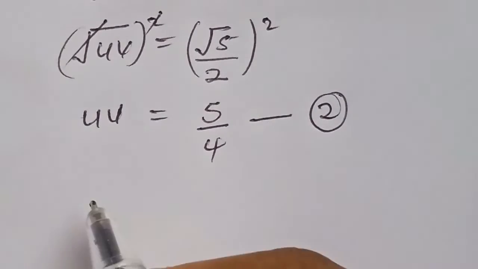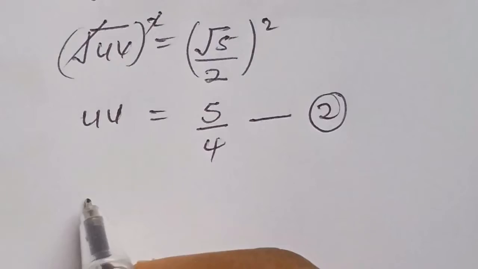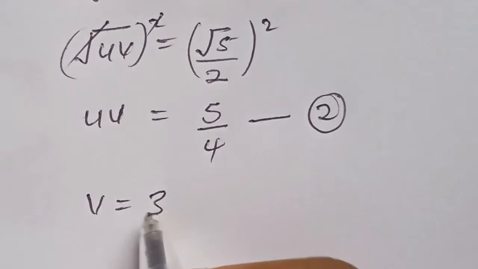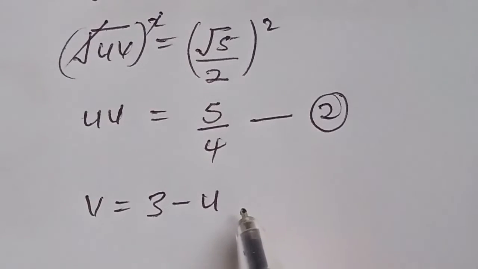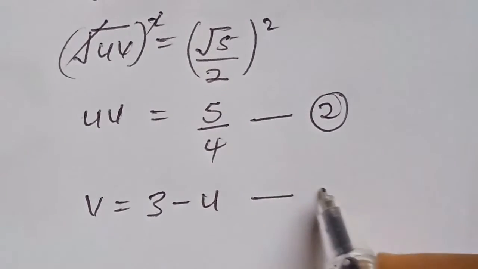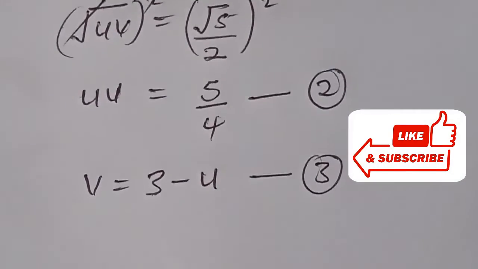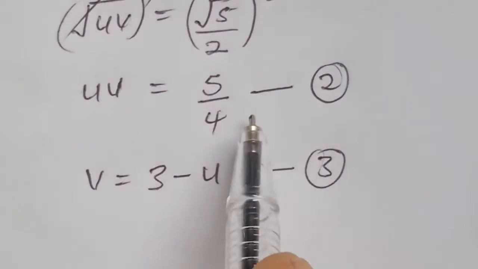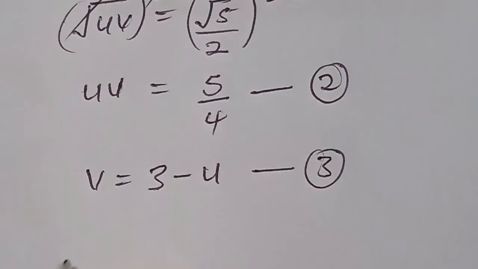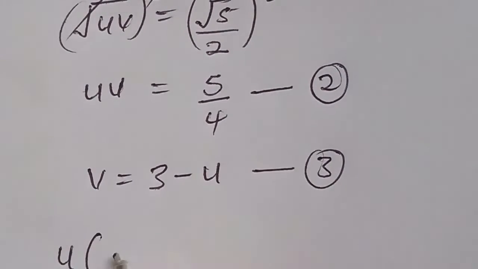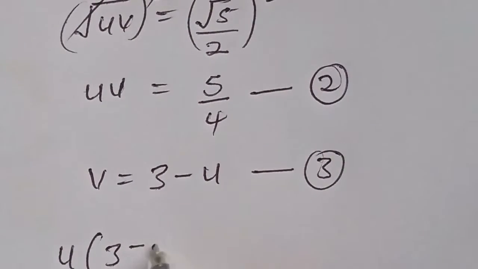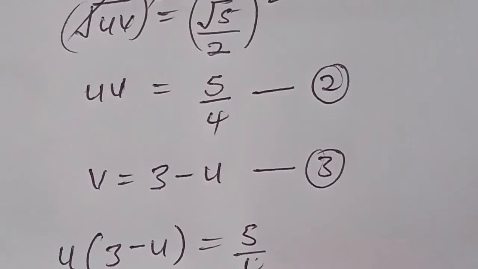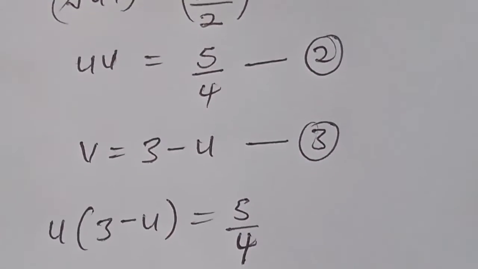Now from equation 1, we have that v will now be equal to 3 minus u. This will be equation 3. We substitute equation 3 into equation 2. So we have u into bracket 3 minus u equal to 5 over 4.